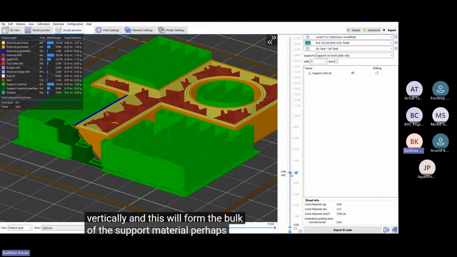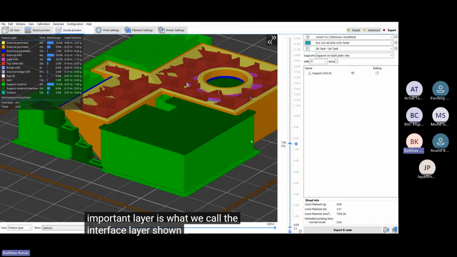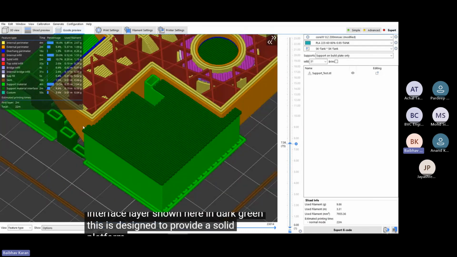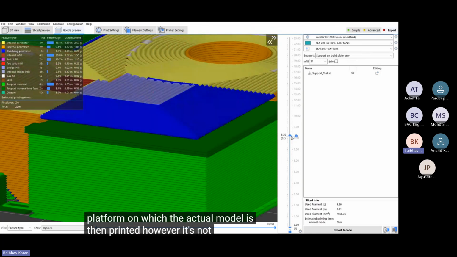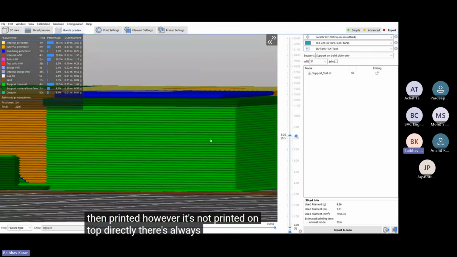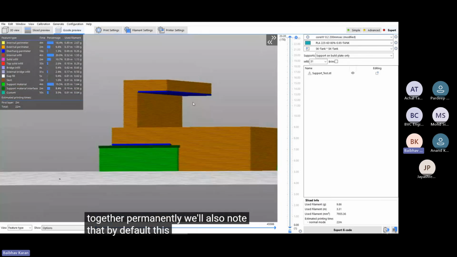Perhaps the most important layer is what we call the interface layer, shown here in dark green. This is designed to provide a solid platform on which the actual model is then printed. However, it's not printed on top directly, there's always a subtle air gap in between to ensure they don't fuse together permanently.